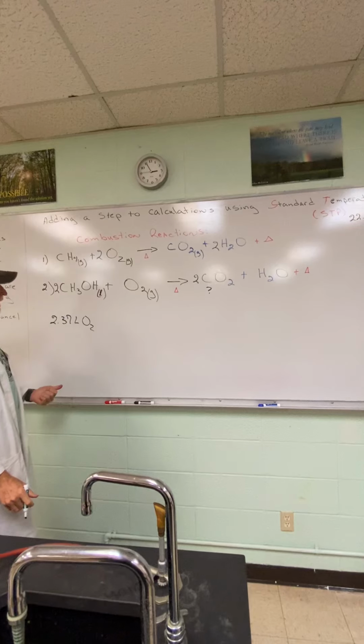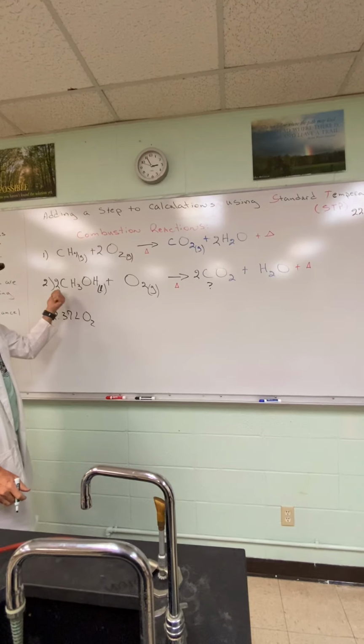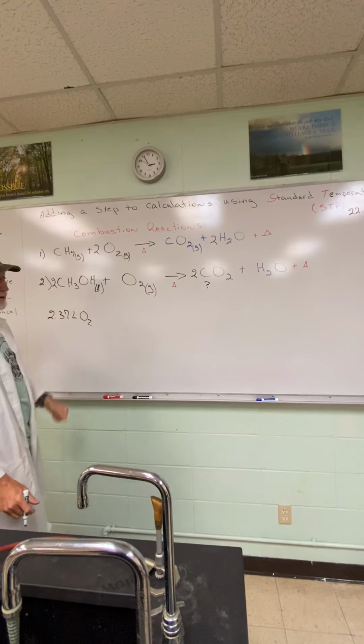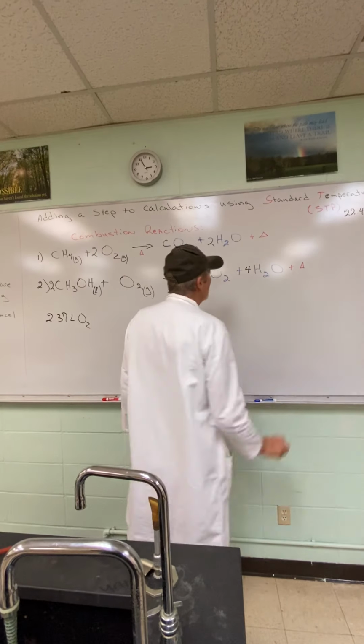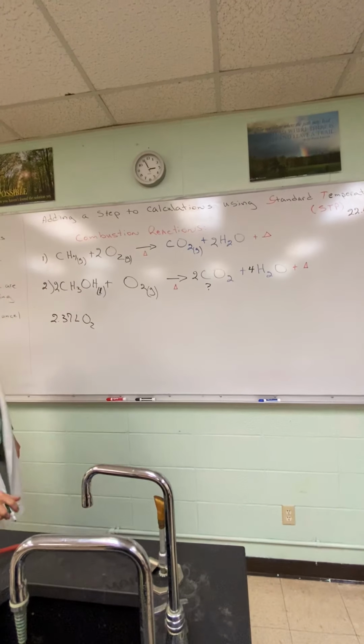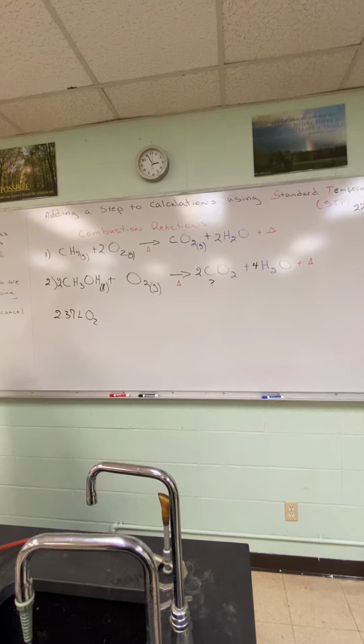But when we did that, we also have 4 hydrogens times 2, that makes 8. To make that work, we need to have a 4 here, and that will make 8 hydrogens on both sides of the reaction.